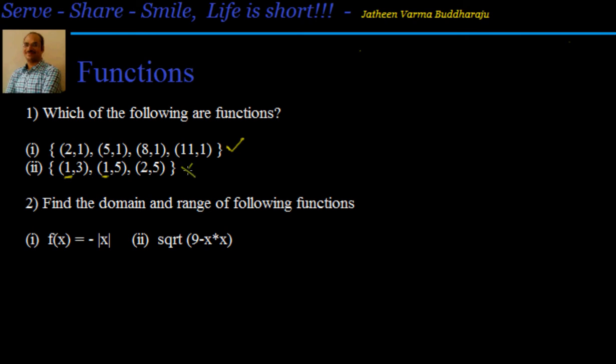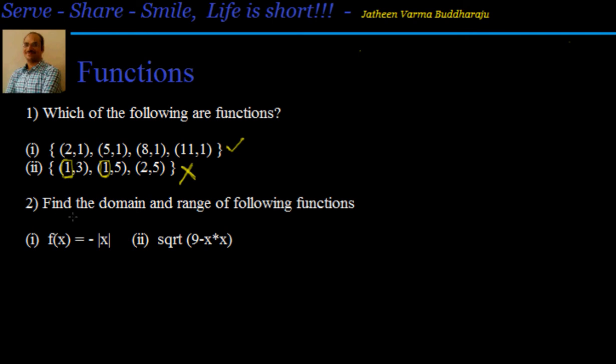According to the definition of function, a special type of relation is called a function only if no two elements are mapped to one element from the first set, or in an ordered pair you cannot have the first element repeating more than once. So this is not a function.